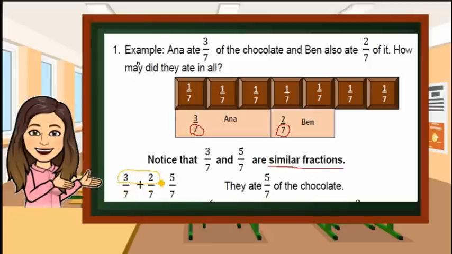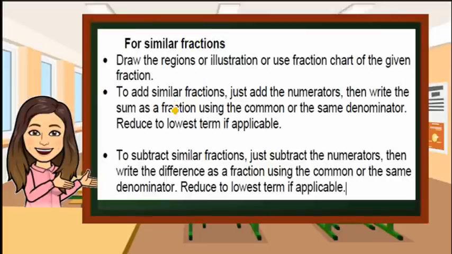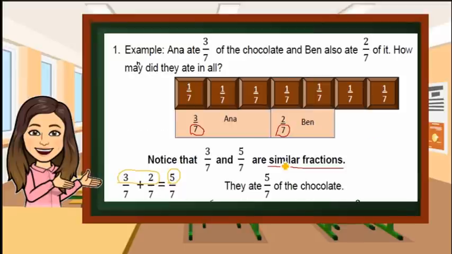So 3 plus 2 is equal to what? 5. And if we go back to the previous slide, it was stated that we will use the common or the same denominator. So we will not add the 7 anymore, we will just copy it.